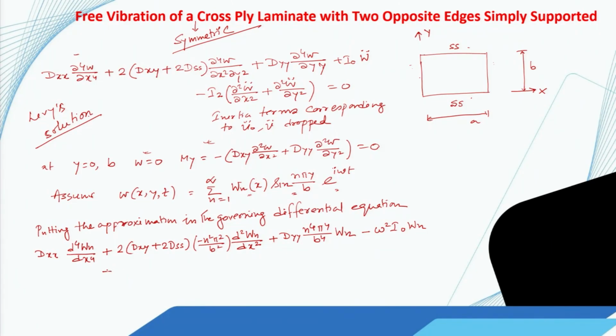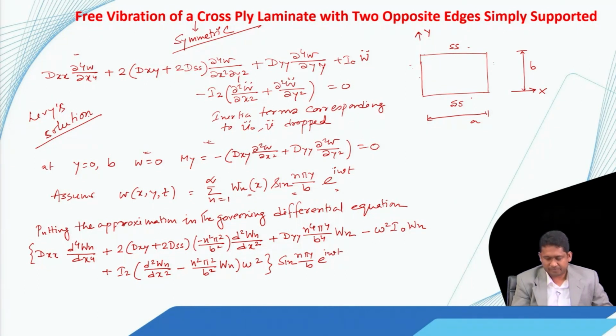and then we have plus I2 d2 wn by dx2 minus n square pi square by b square into wn, and this multiplied by omega square, and everything multiplied with sin n pi y by b into e to the power i omega t, and the summation goes from n equal to 1 to infinity, and that's equal to 0.